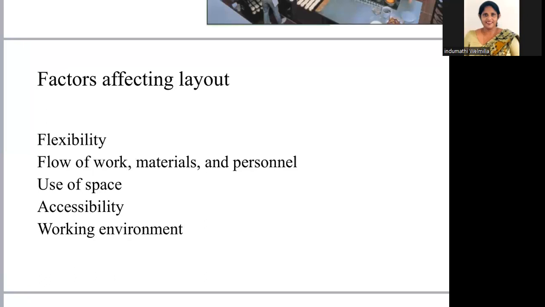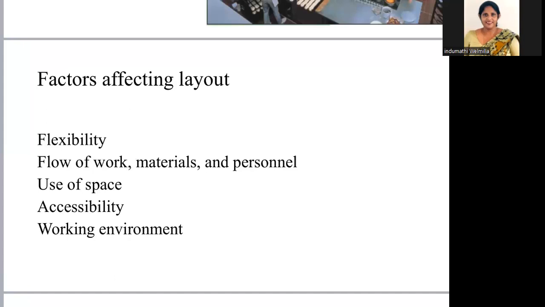If it is not possible to provide the desired accessibility, it should be possible to move the machine or equipment at the time of maintenance. Similarly, accessibility to service points should be ensured.